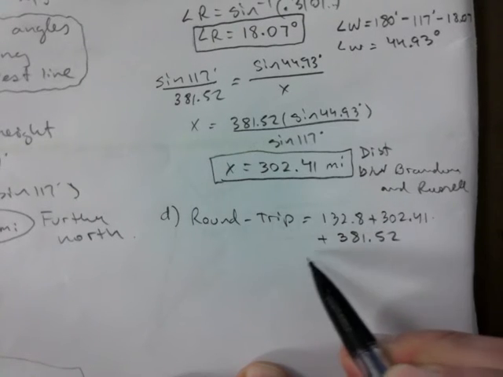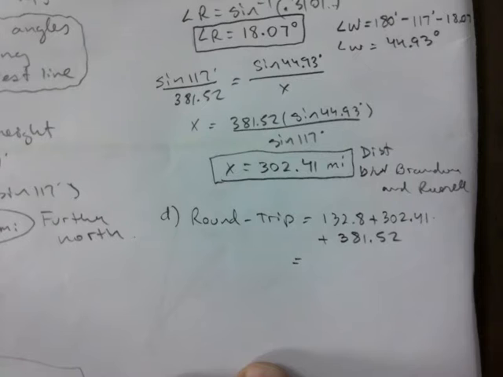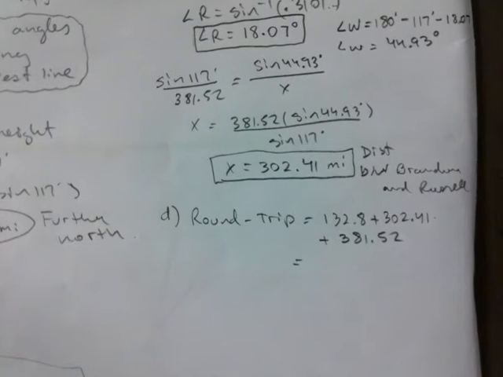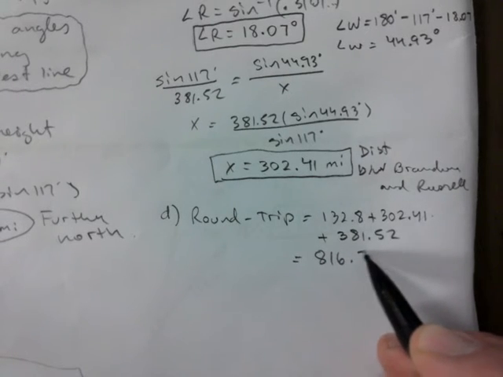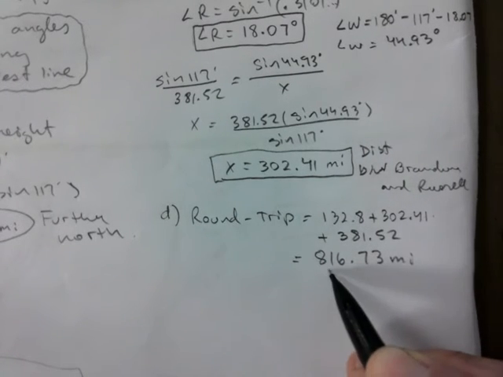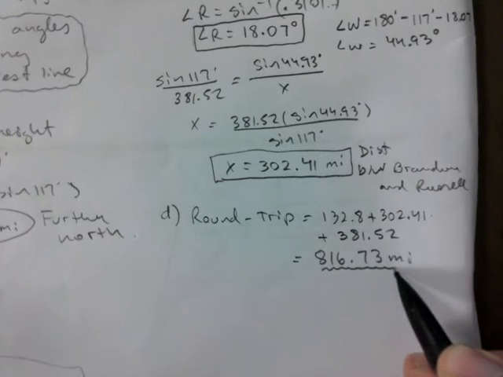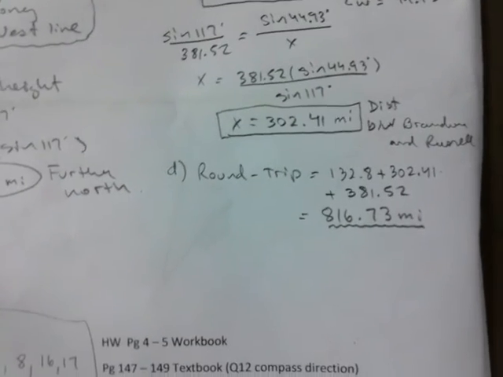So you add up the whole thing because you need to know the total distance traveled in the first place. That's 816.73 miles for the round trip. Important, but not yet the answer.